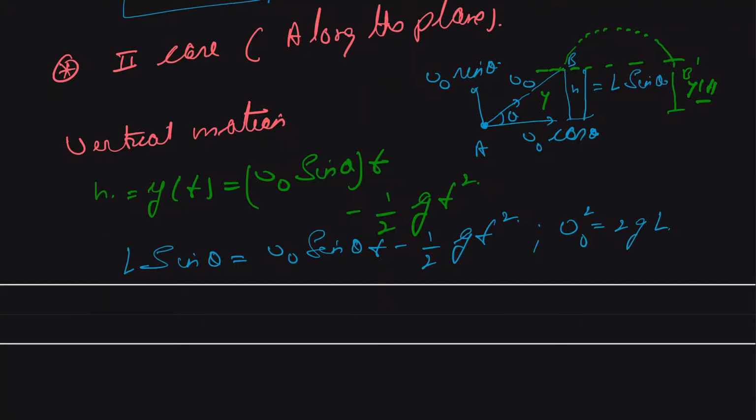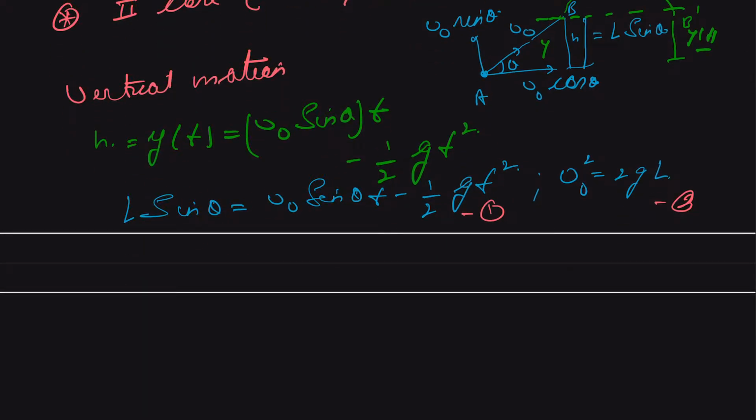So we have our two equations. Let this be equation number 1 and this be equation number 2. And solving equations 1 and 2 will be a little bit lengthy, so I'm going to directly substitute.